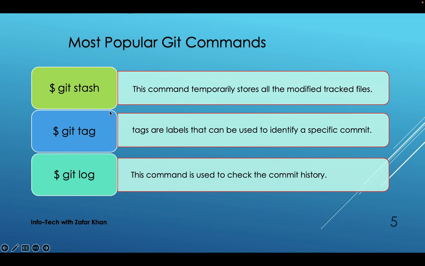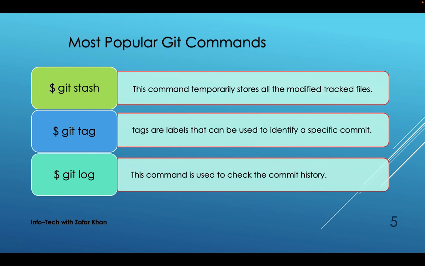Git stash means this command temporarily stores all the modified tracked files. Say for example, what happened? Suppose your manager comes all of a sudden, and you are already working on one of the tasks.